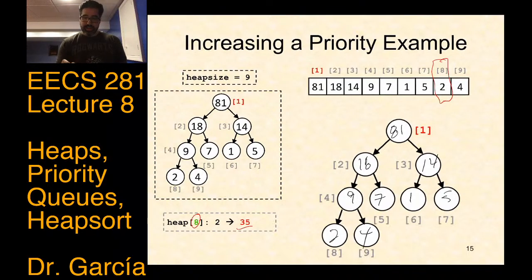All right, and now, given this operation right here, what we're doing is changing 2 to 35. And that breaks my heap constraint, because now I have 9 as the parent of 35. We can't have that. So how can we fix this? Can anybody suggest what could be done here?